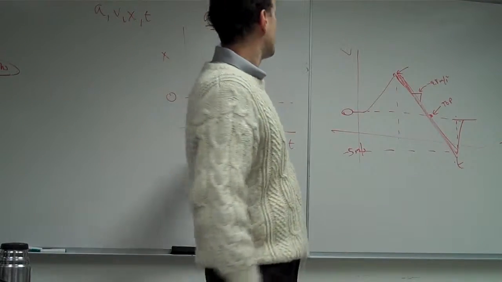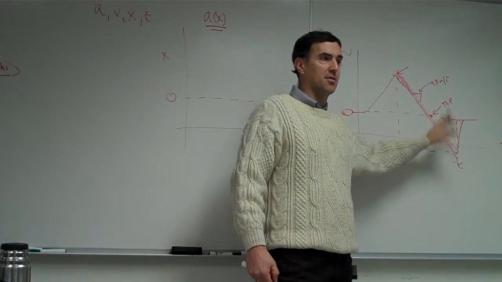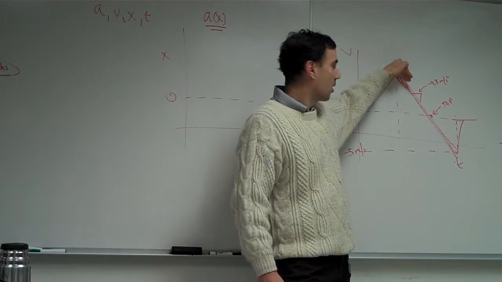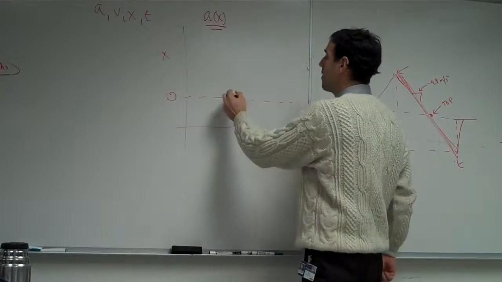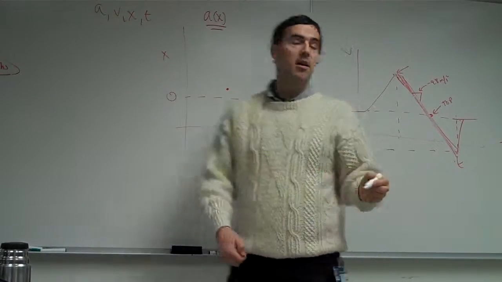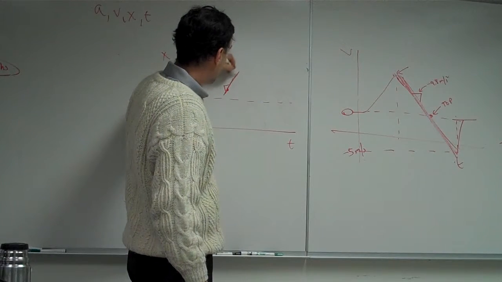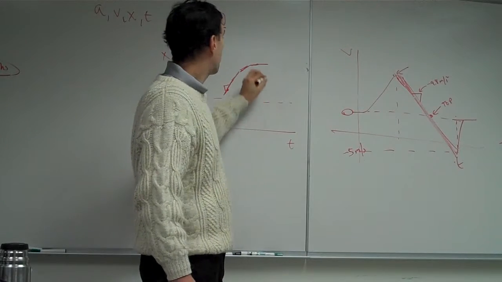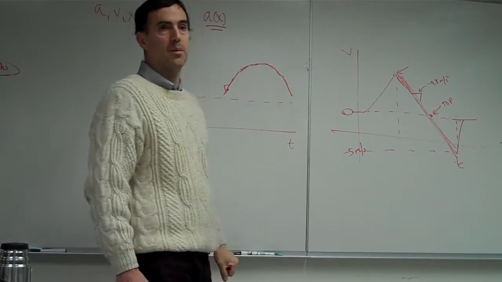So the slope of this graph can't suddenly jump from positive 5 to negative 5 or something like that. It has to go gradually. The slope has to slowly go 5 to 0 to negative 5. So during the time where it's in the air, the slope starts off at 5, and then very gradually gets less and less steep, then very gradually gets more steep.